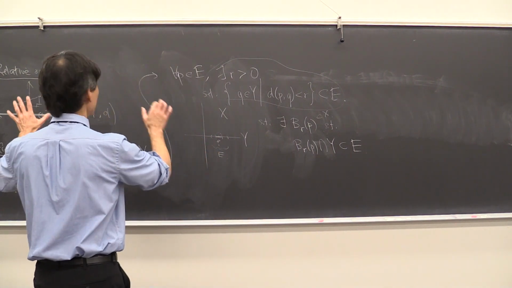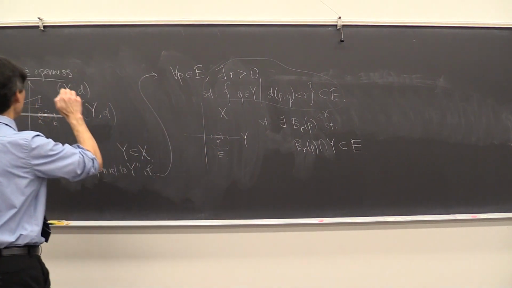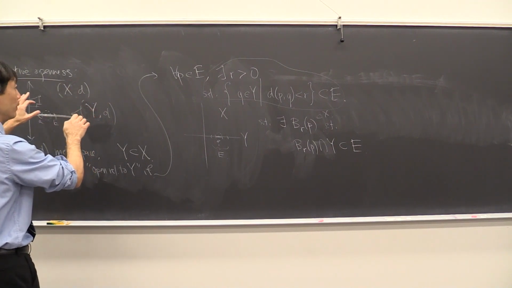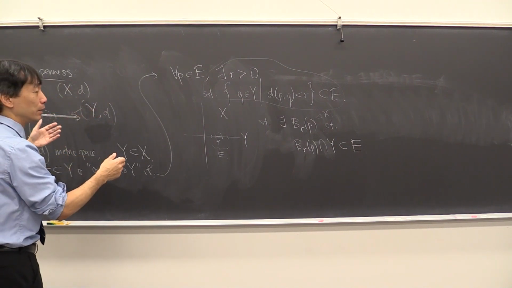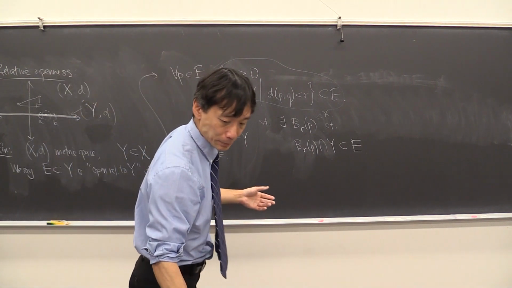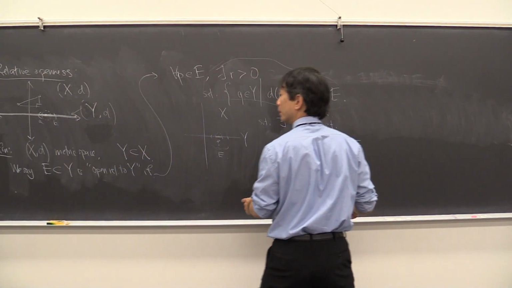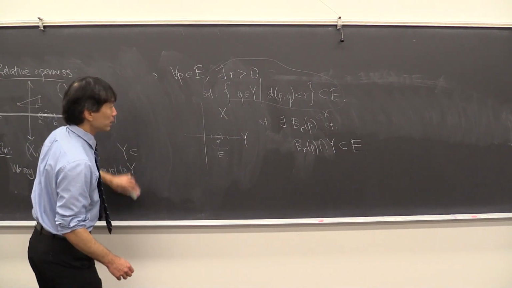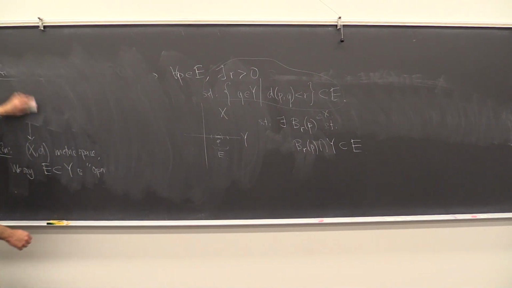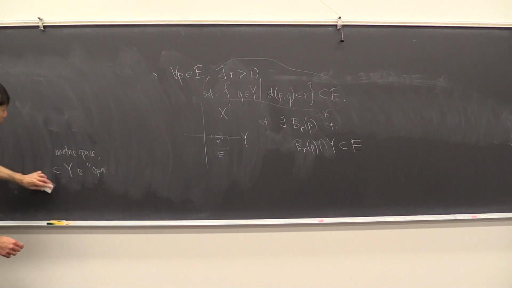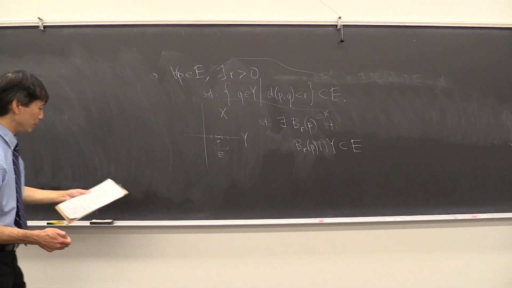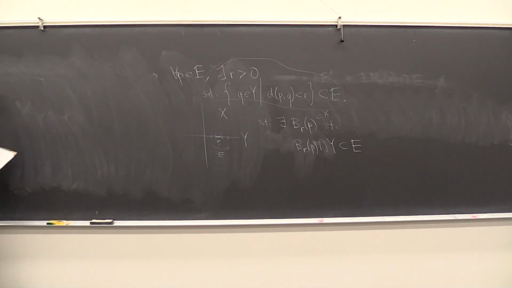So, relative openness. When you're talking about openness, you have to specify open relative to what. I'm going to erase this because I'll need some space. The one theorem that we have about relative openness is pretty straightforward.